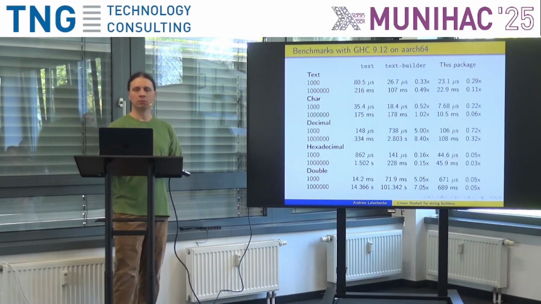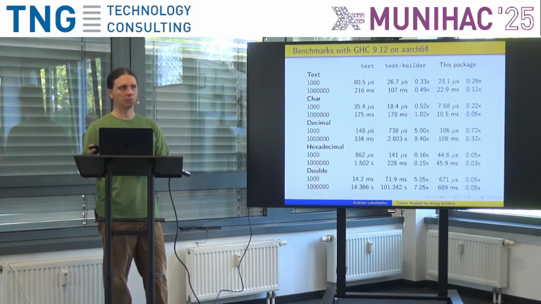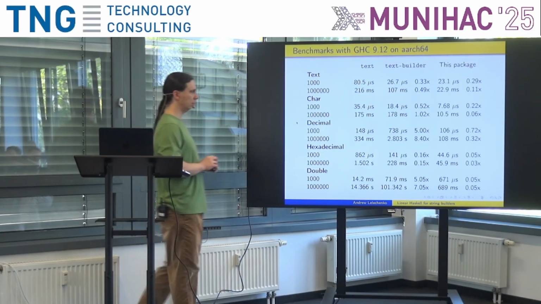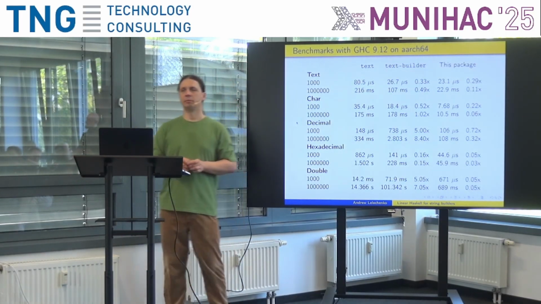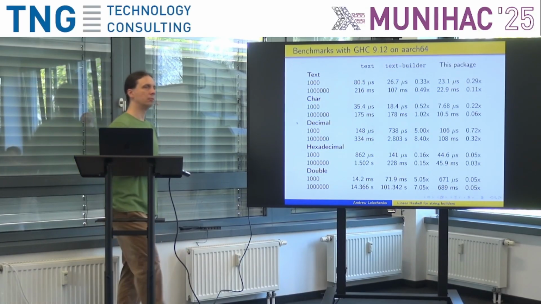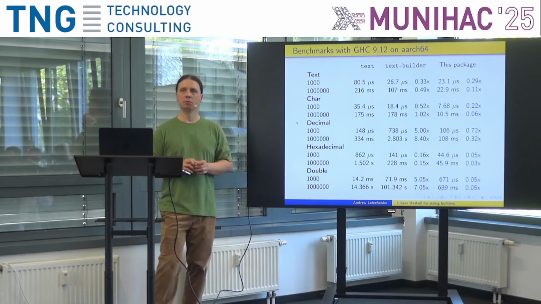It's the backend of my text display library. It is akin to what Rust has, the display trait, and basically it's to replace show when you want user-facing text to be printed on screen or just be redacted or something like that. So it uses this linear builder as the backend. It's really nice, really nice API.